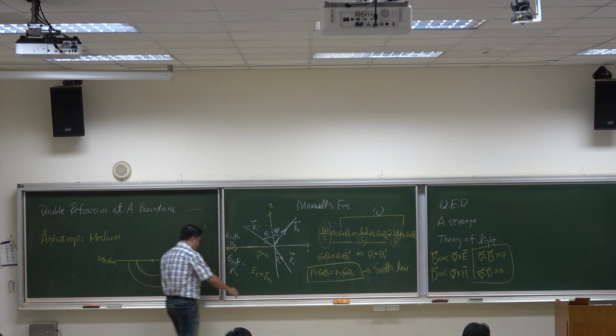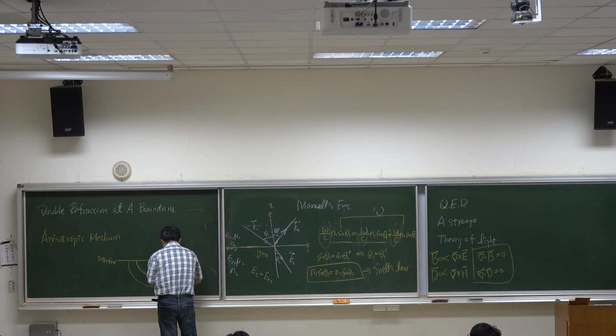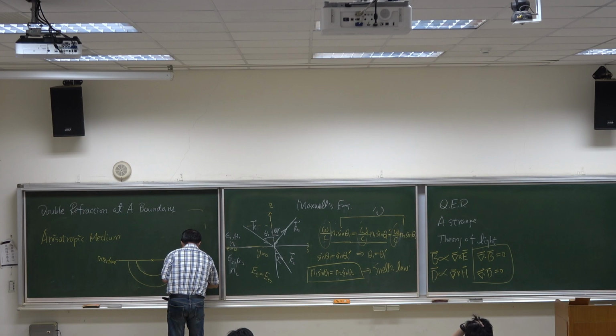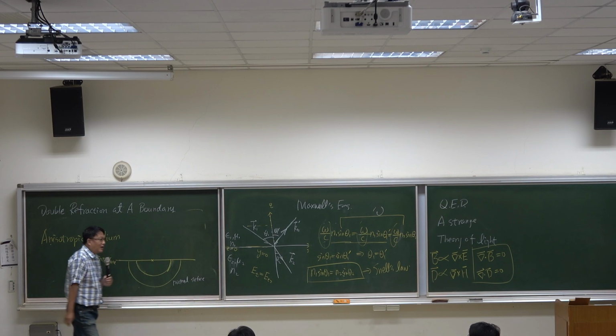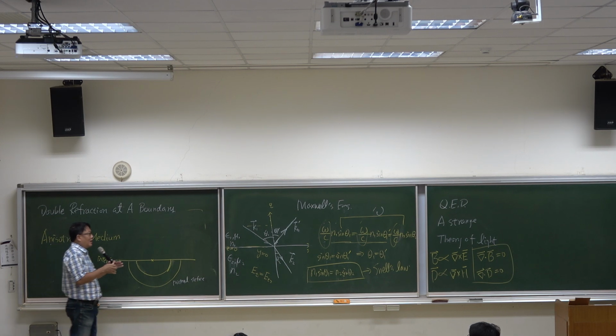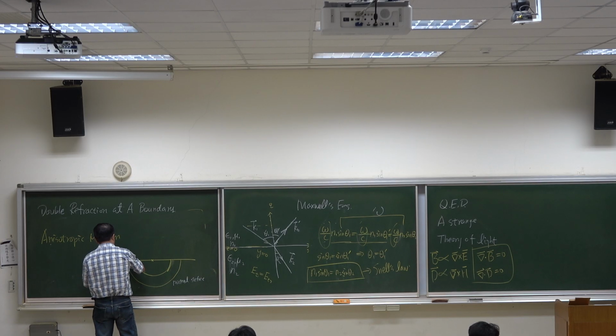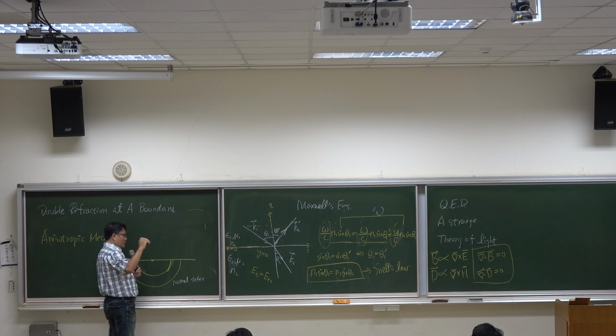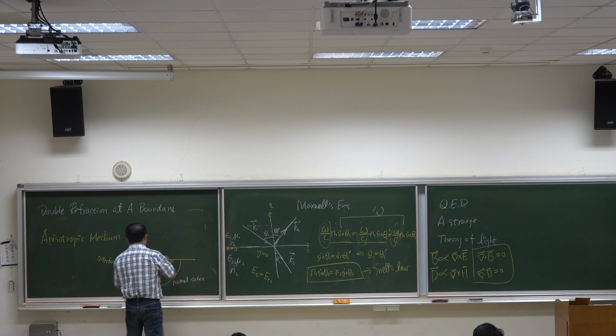So here this is the normal surface of the crystal. And for light inside, say, water or air or glass, we also have the corresponding normal surface, which is a very simple sphere.